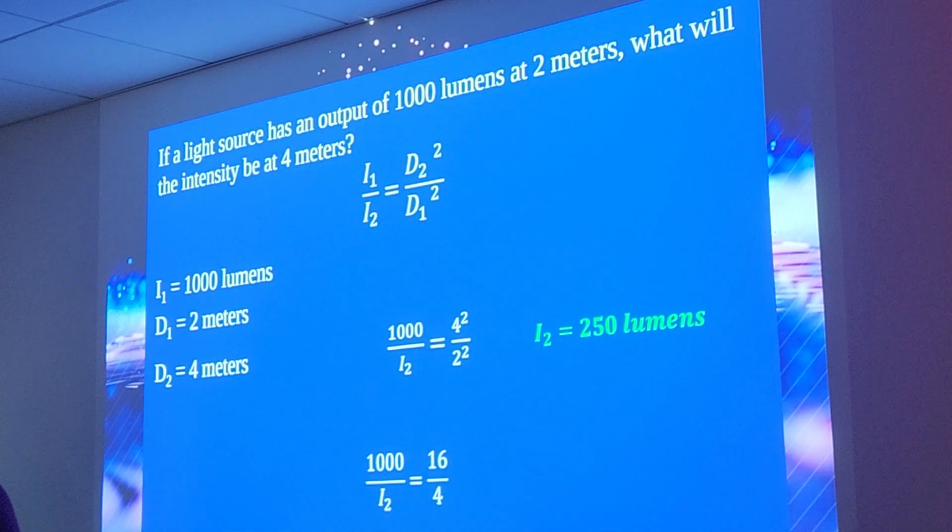Intensity is measured in units. Because we're talking about a light source, that's why we're using lumens.